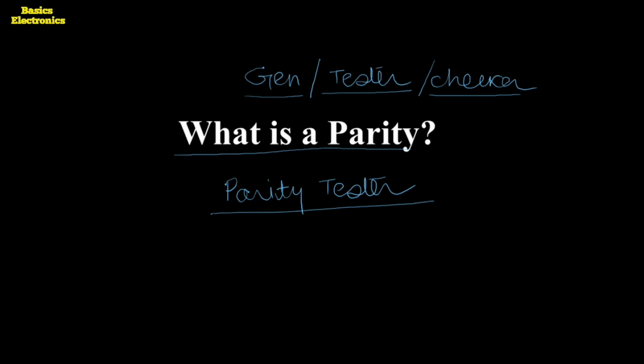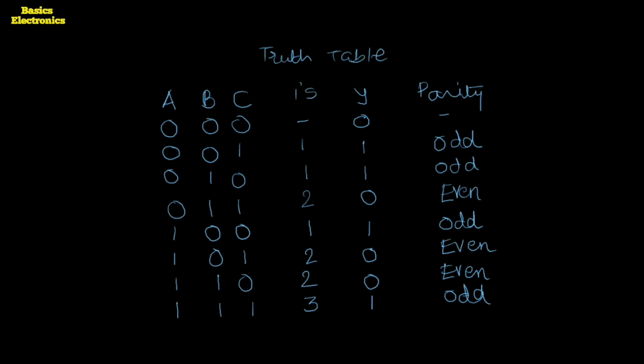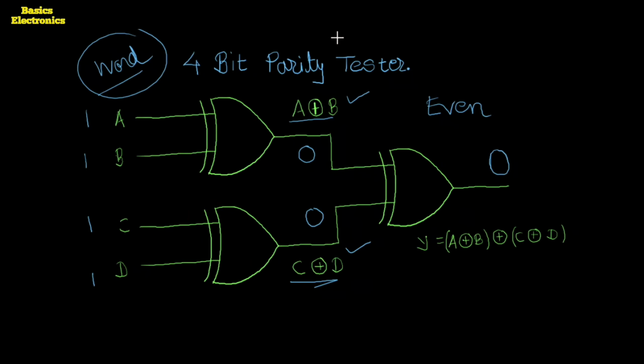The parity tester may be 3-bit or 4-bit. If the question is for the 4-bit parity tester, then you have to draw the logic diagram of the parity tester. You have to write down the construction, then the working with two examples.